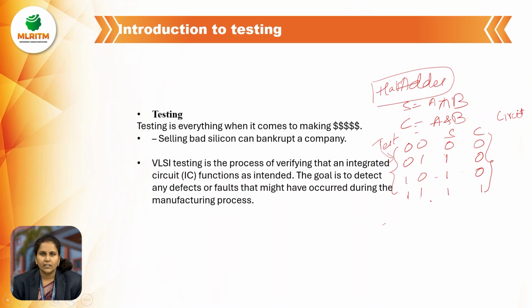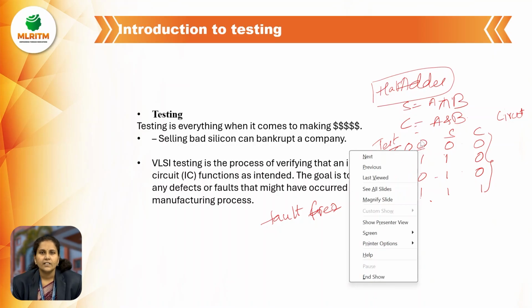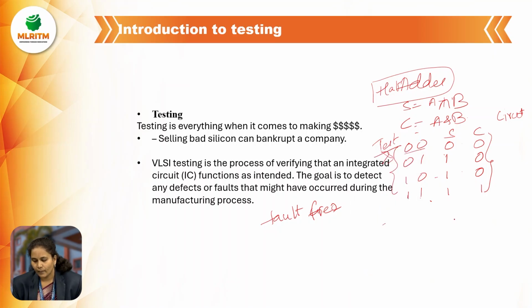So in test and testability, the terms that we are going to see are faulted circuit and fault free circuit. If you don't find any faults, we say that it is a fault free circuit. These are the test patterns that you are going to generate, and along with the fault free circuit we get the output.